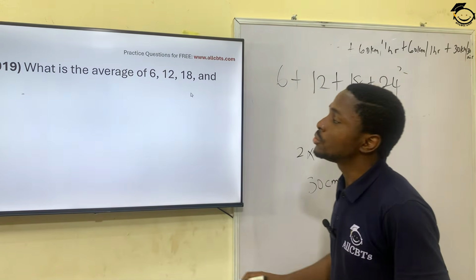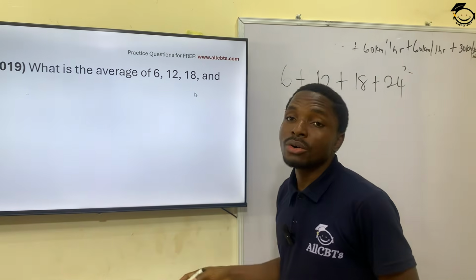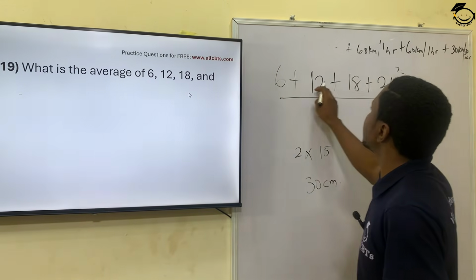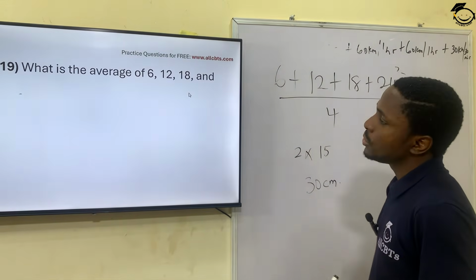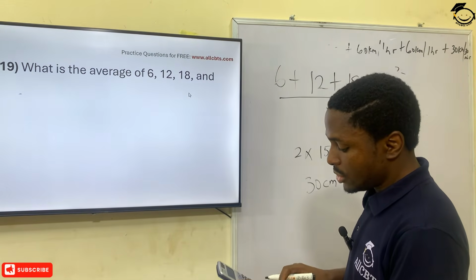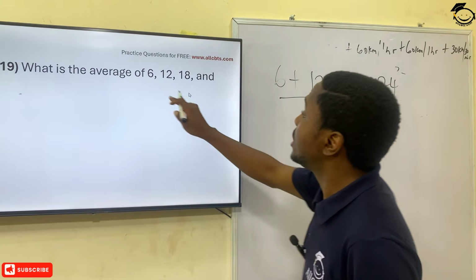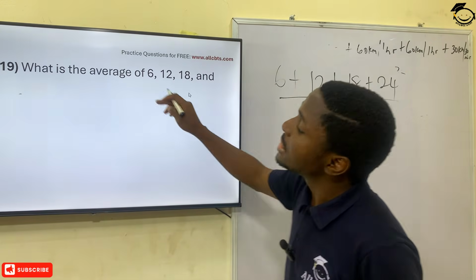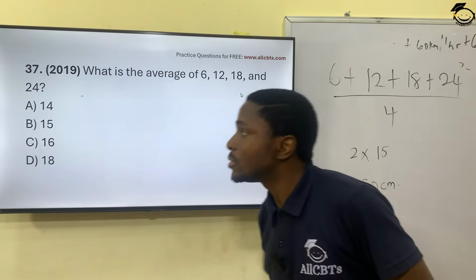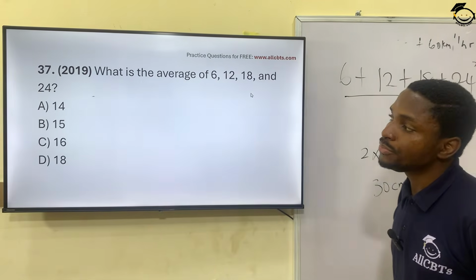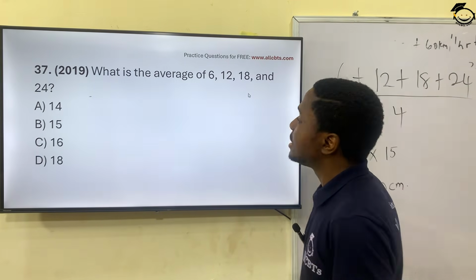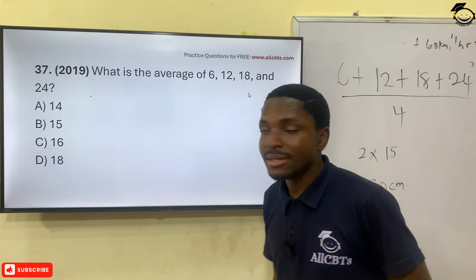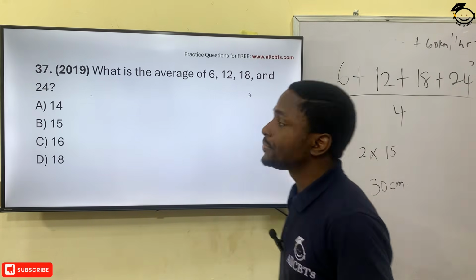In senior secondary school or in junior secondary school, this will also become useful. So divided by 4 numbers. So what will it be? You can just add it on your calculator, or you can add 6 plus 12, 18, 18 plus 18, 36. 36 plus 24, you have 60. 60 divided by 4, you have how many? 15. 15 is the correct option.